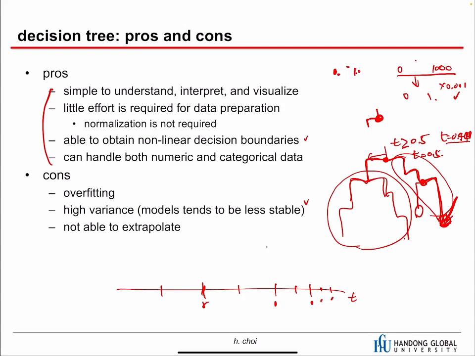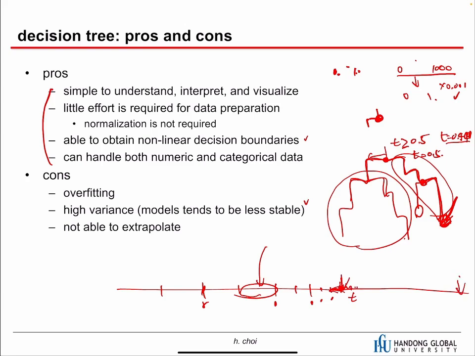If the new node falls into this segment, then based on these samples, we can take an average. Okay, that's good. So we have some samples here, right? So based on this average, we can predict the value for this sample. But what if we have a sample here?